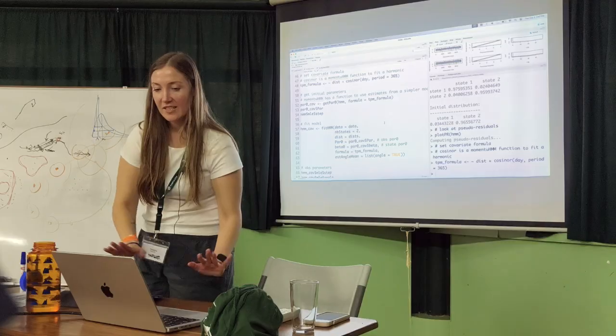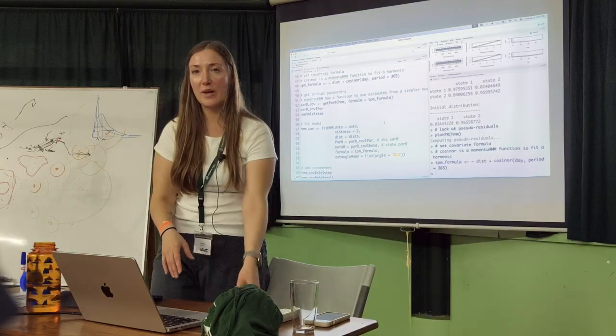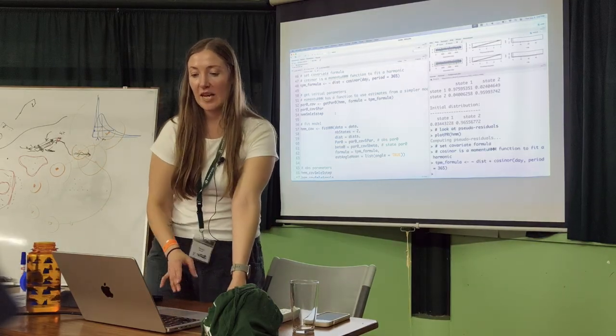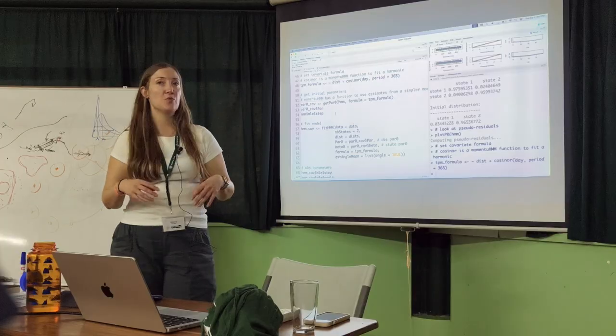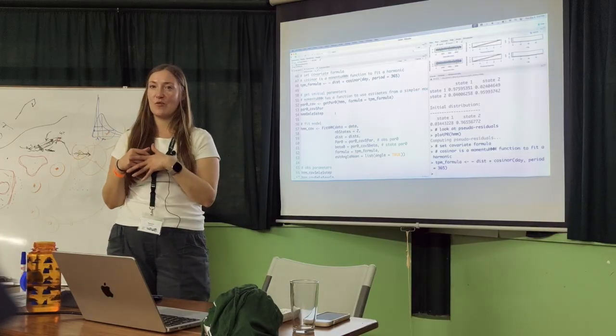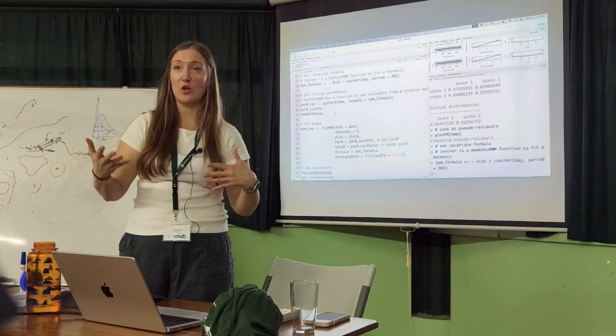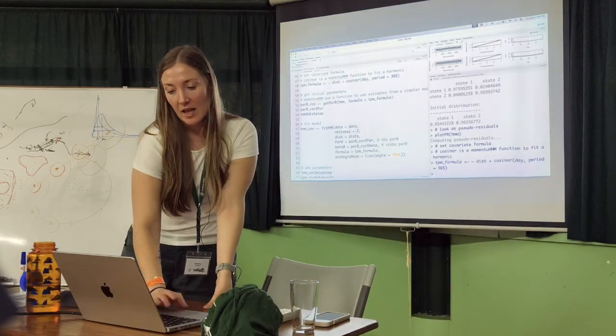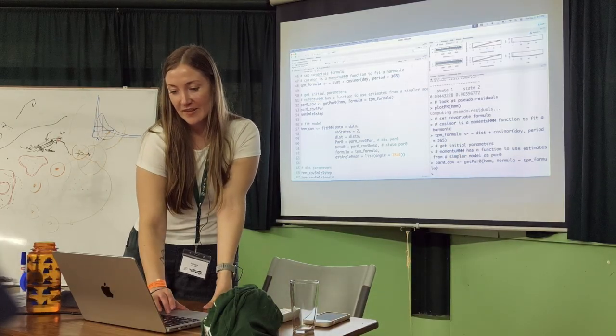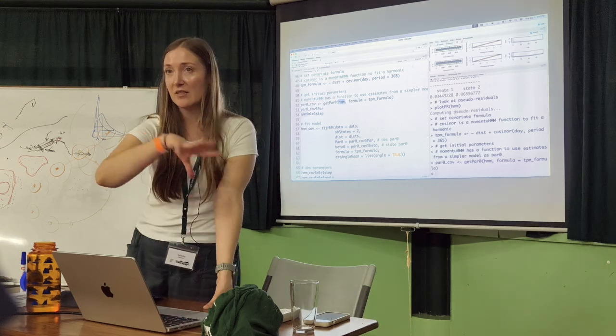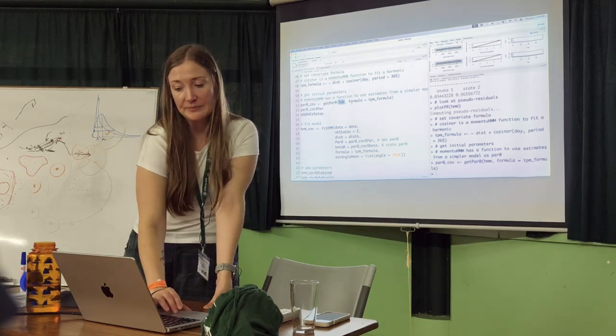Oh, and one potentially nice function in momentuHMM is it actually has a function called getParNot, which allows you to use the estimated coefficients from a simpler model as the initial parameters in your more complicated model. So that was another reason that I fit that model first. So this is the two-state model with no covariates.